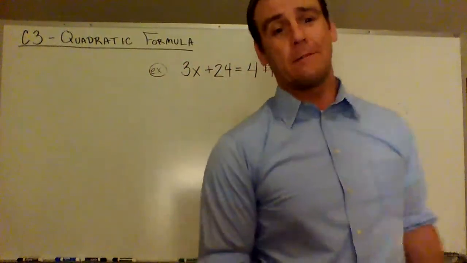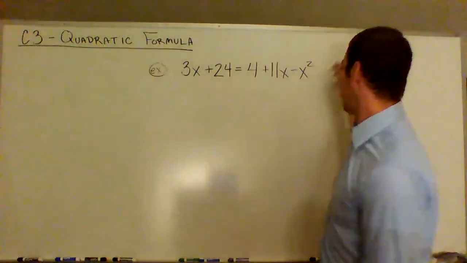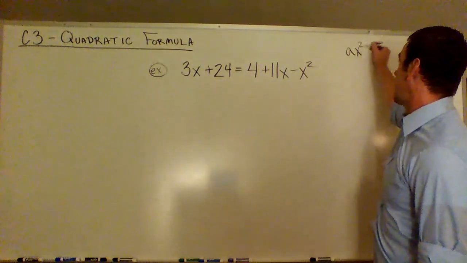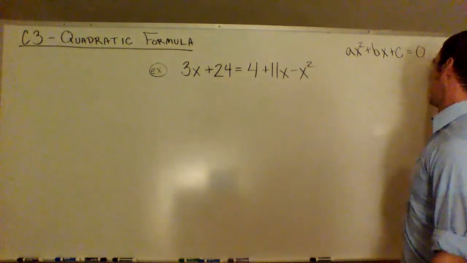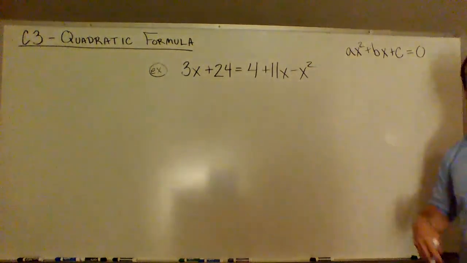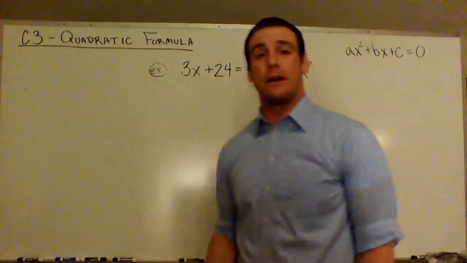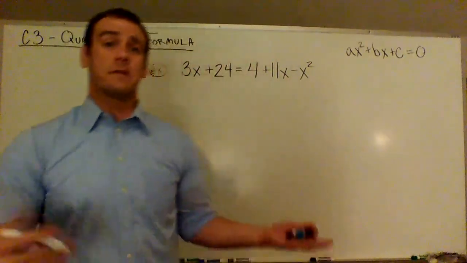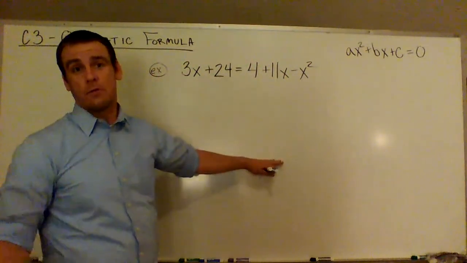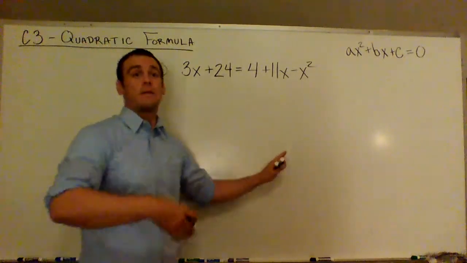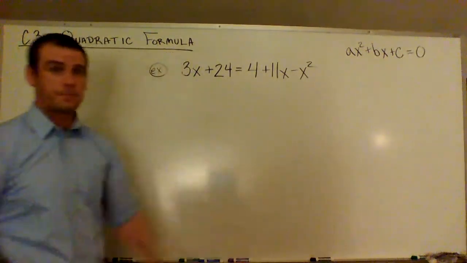Remember, to use the quadratic formula, we need to get it in the form ax squared plus bx plus c equals 0. So guys, like I said, pause it so you can go ahead and solve the entire problem. If you get stuck right away, watch until I get to a certain point. Once you think you know how to do it, pause it and see if you can finish it.